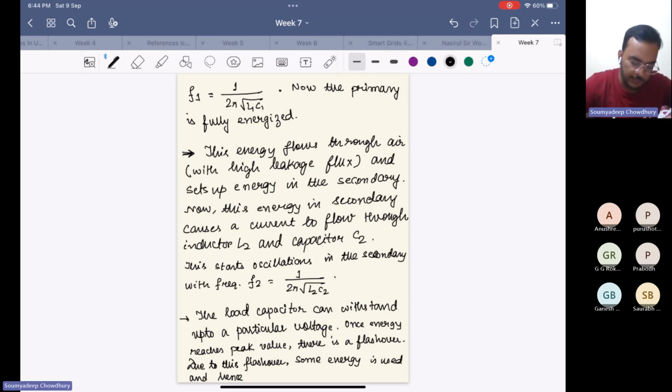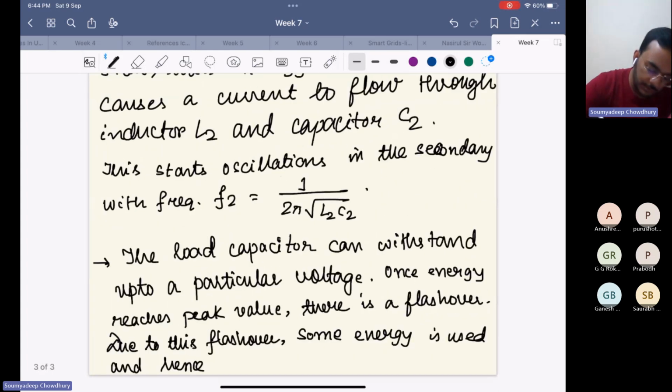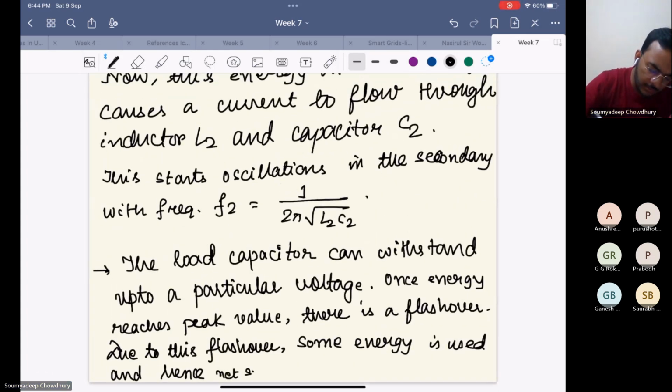Yes. So I'll write this down first. Some energy is used, hence net secondary energy dips.